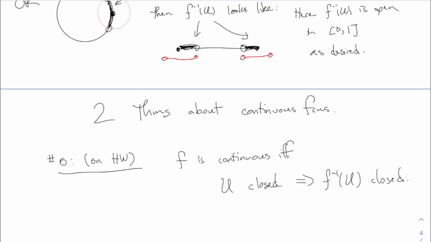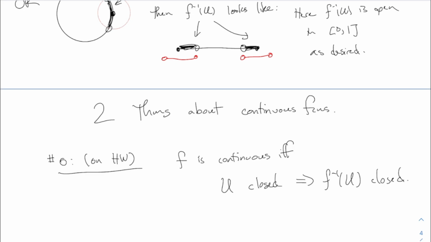A closed set in the codomain pulls back to a closed set in the domain. Why does this work? It's because closed means the complement is open, and so if you have a continuous function, you can use the ordinary open definition, but just take the complement of everything, and it gives you this version of it. You'll work this out on the homework, but that's theorem number 0, which I don't really want to talk about.